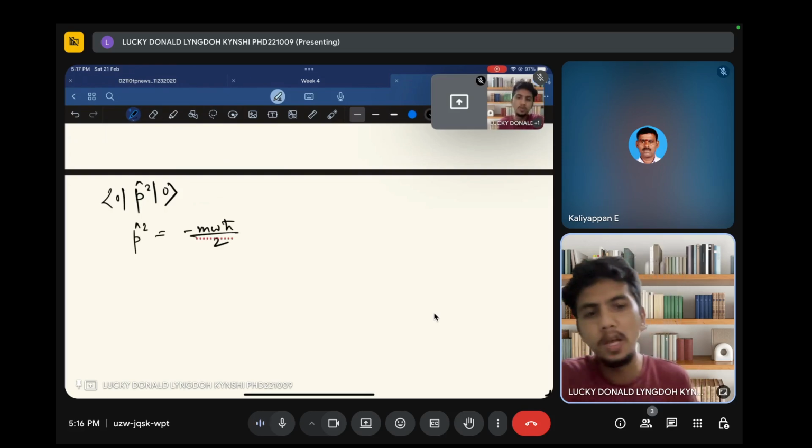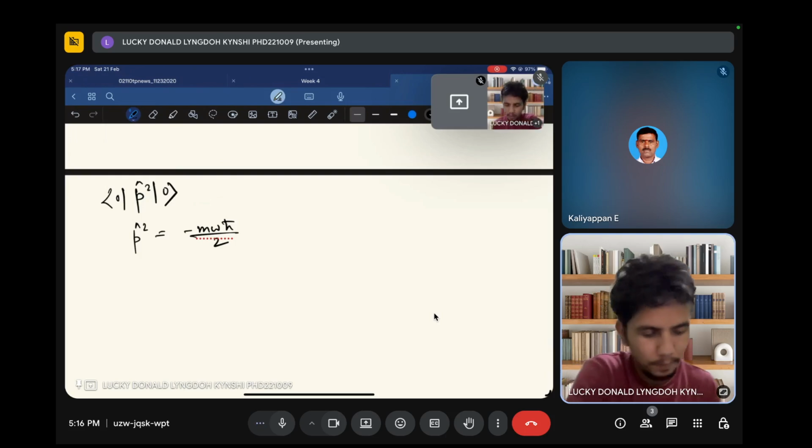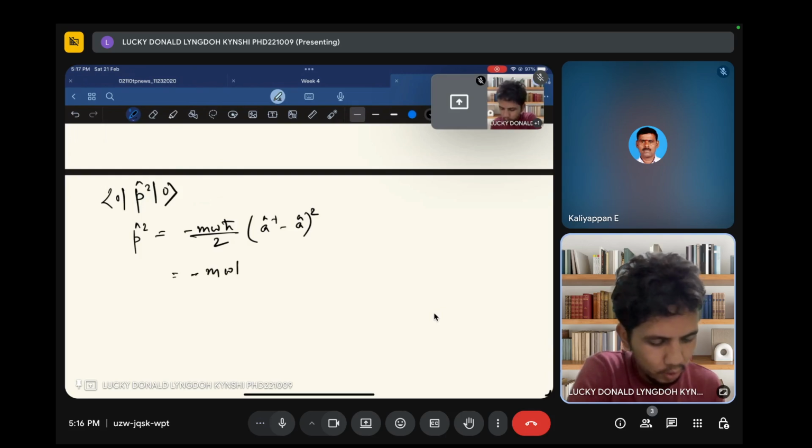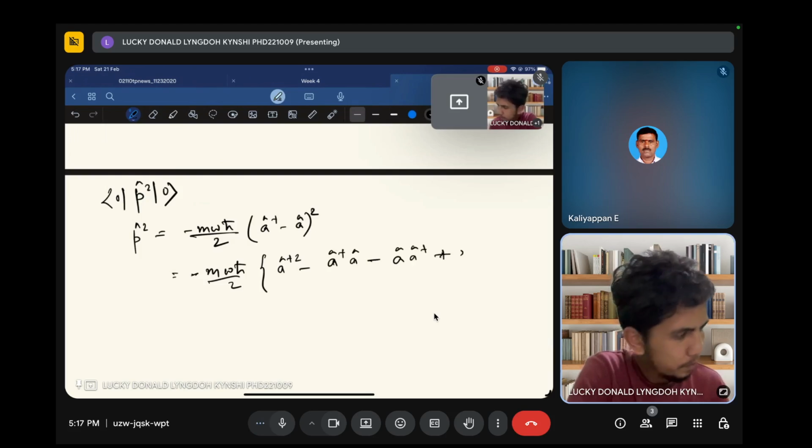You just need to multiply again p cap into p cap. Okay, so you will get (a cap dagger minus a cap) whole square. Then do the same thing. This will be equal to minus m omega h cross divided by 2, and then we'll get a cap dagger square minus a cap dagger into a cap. You just expand this and get minus a cap into a cap dagger plus a cap square.